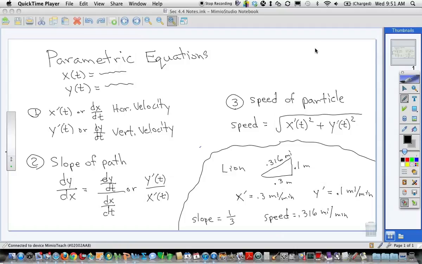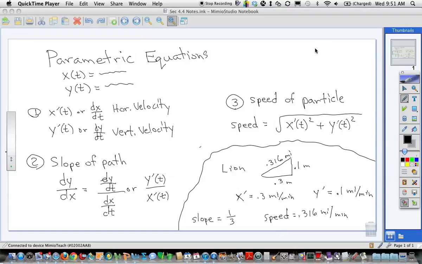Now, think back to the lion problem. All right? And that's what I've got down here in the bottom corner of this. The lion went 0.3 miles every minute to the east, and he went 0.1 miles to the north every minute. Those are speeds, velocities. So that would be x prime, the 0.3.